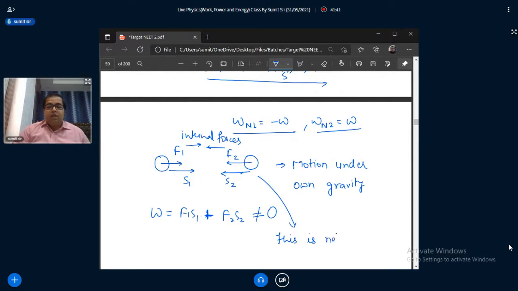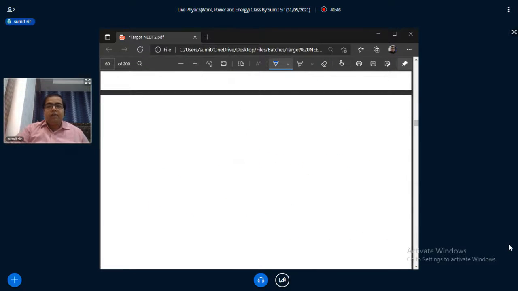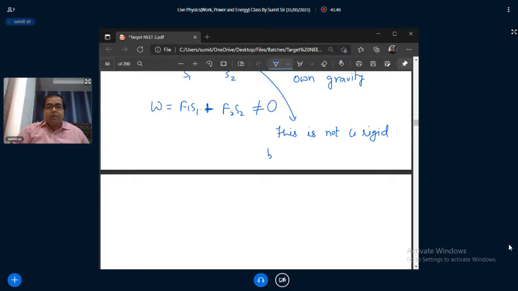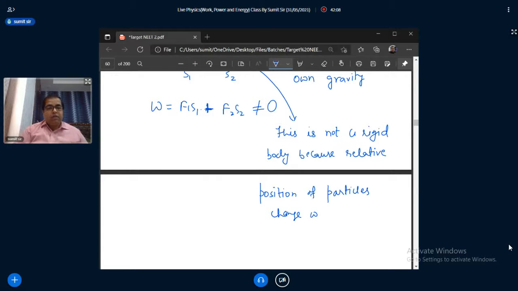This is not a rigid system or rigid body, because the relative position of particles changes. You can see the relative position of particles change. That's why it's not a rigid body.